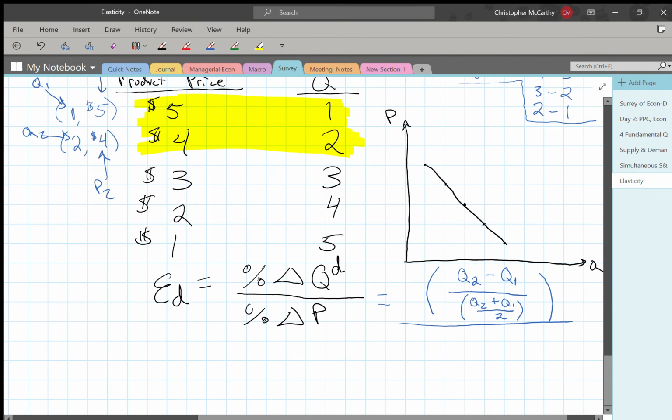On the denominator, we've got P2 minus P1 divided by P2 plus P1 over 2.